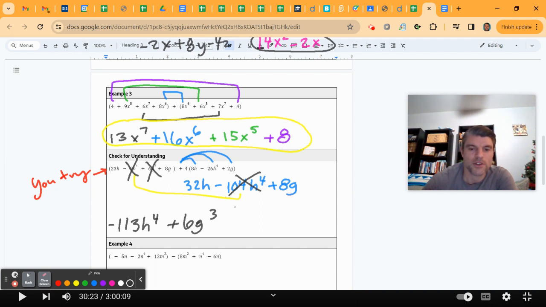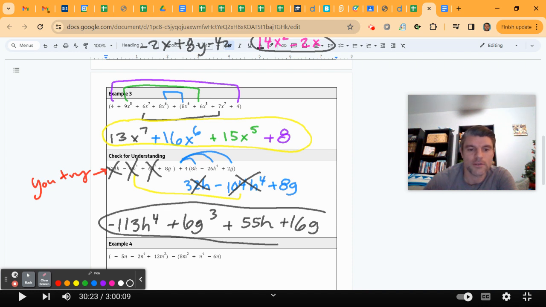So now we're just going to do the h's and g's. 23 plus 32 is going to be 55h. And then the last one, you have 8g and 8g, which is going to be 16g. And that is it for that one.